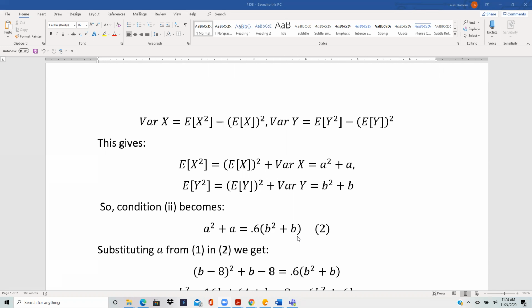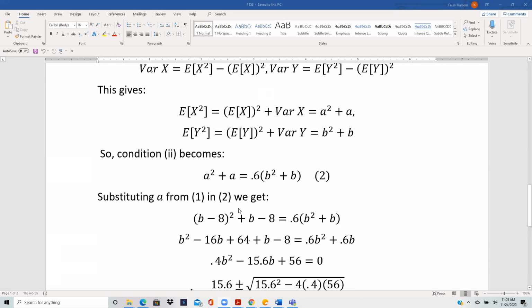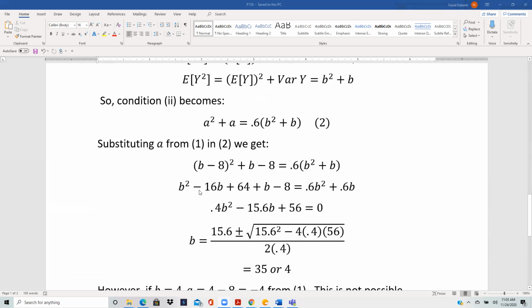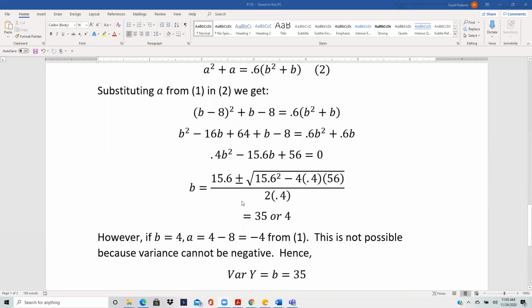And now equation 1 said that A is equal to B minus 8, so you substitute B minus 8 for A. Once we open it up and simplify, we get a quadratic equation, on which we use the quadratic formula, which gives us B as 35 or 4.